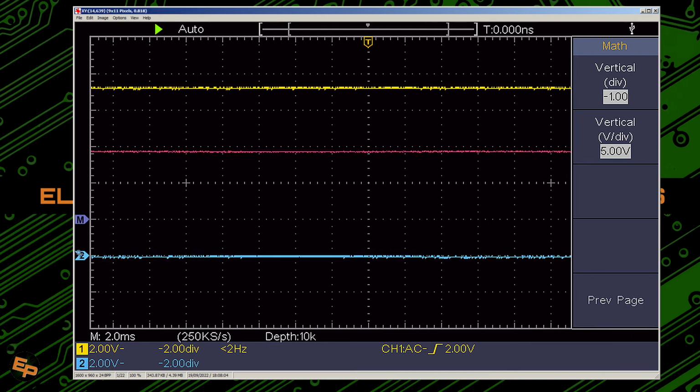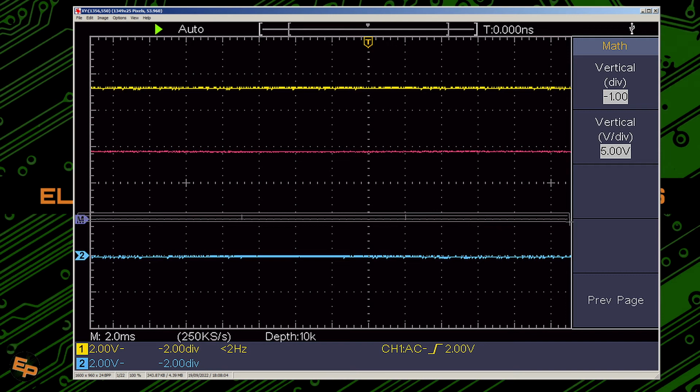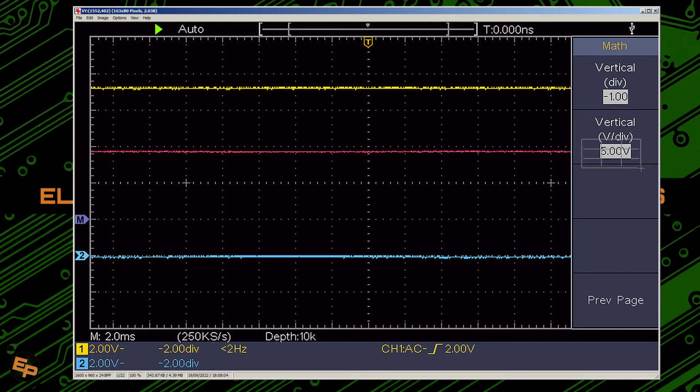Take a look at this icon on the left which says 2, and with magenta we have the mathematical channel which has the 0 line here, the ground line here, and it has 5 volts per division in this particular case. So when I applied plus 9 volts to my circuit, well, plus and minus are arbitrarily chosen here because we really don't have a plus and a minus.